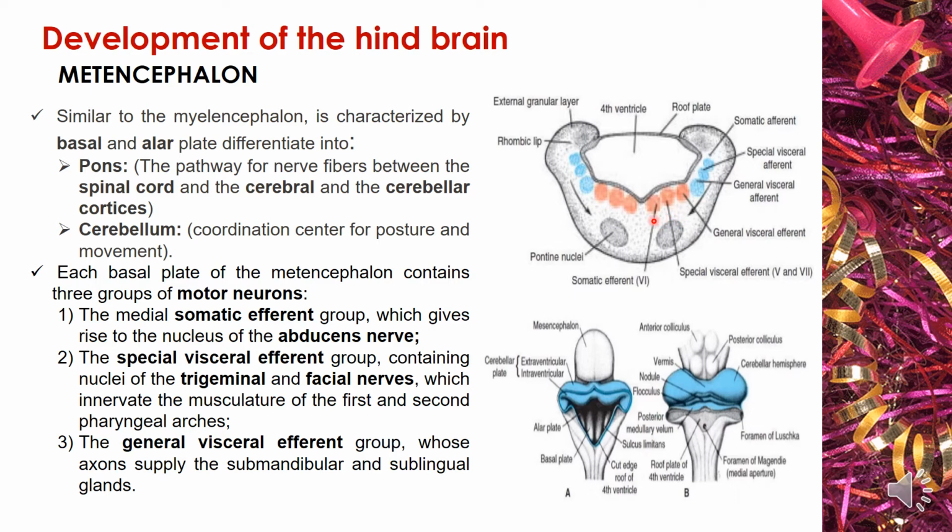First, the middle somatic efferent group, which gives rise to the nucleus of the abducens nerve, and the intermediate special visceral efferent group containing nuclei of the trigeminal and the facial nerve, which innervate the muscles of the first and second pharyngeal arch.